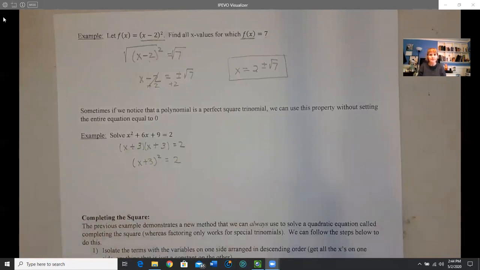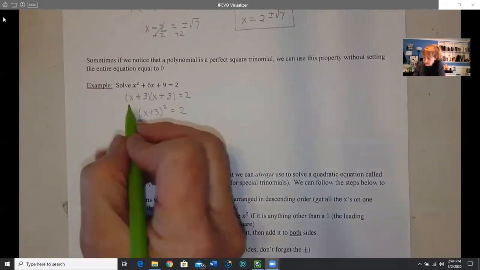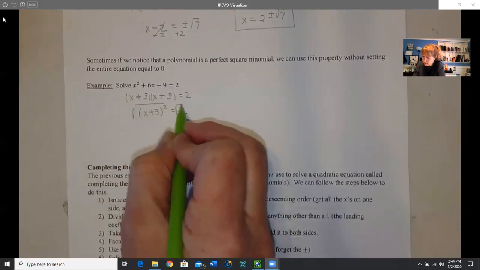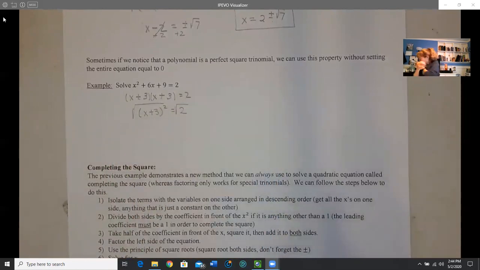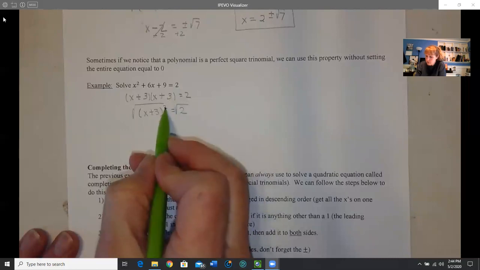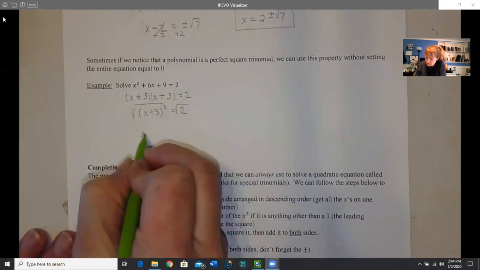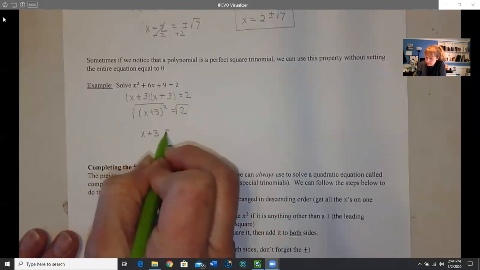and solve it. Okay. And just take the square root of both sides. Once this squared is isolated, then you can take the square root, and the squared and the square root cancel out. So we're left with x plus 3 by itself.